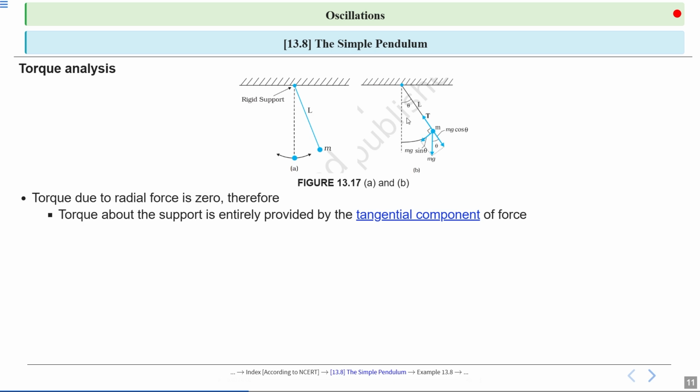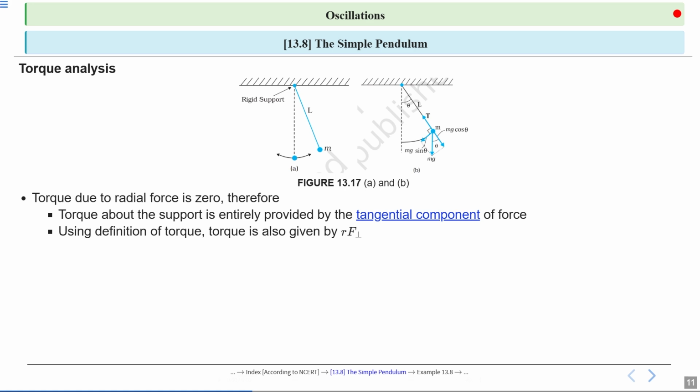The tangential force is the part of gravity that acts perpendicular to the rod or string, trying to swing the mass back towards its lowest point. So using the definition of torque, we know that torque equals the distance from the pivot R times the perpendicular component of the force, F perpendicular.